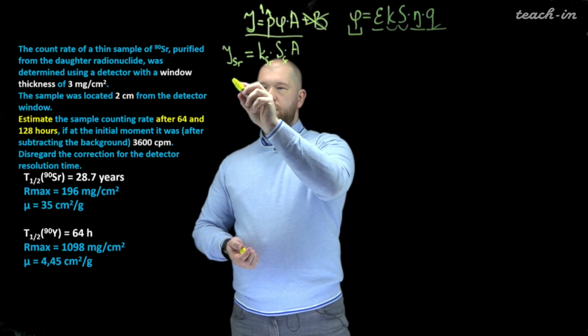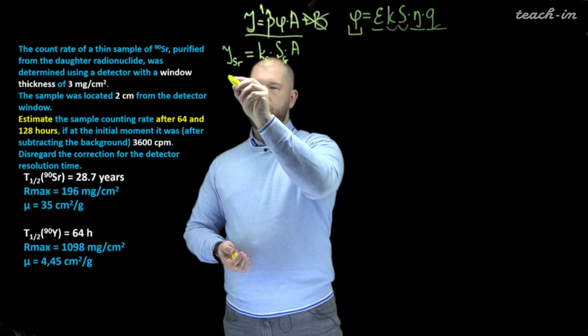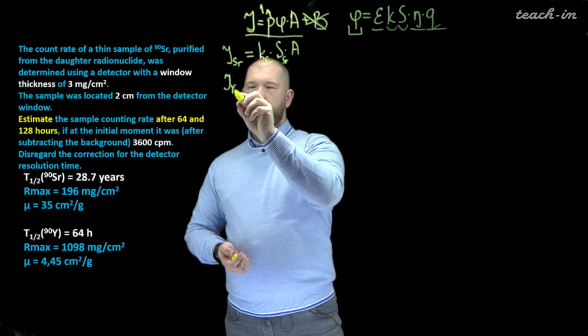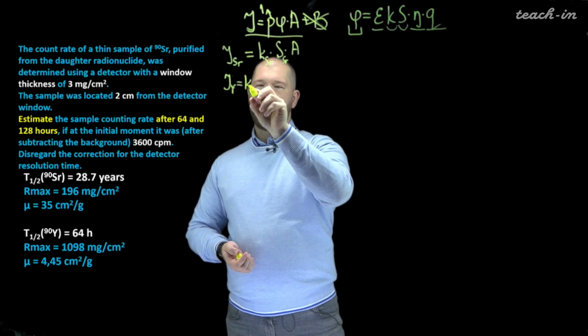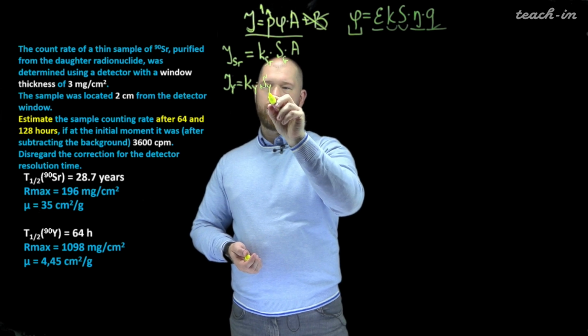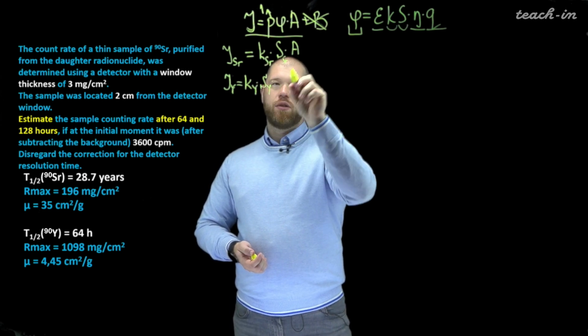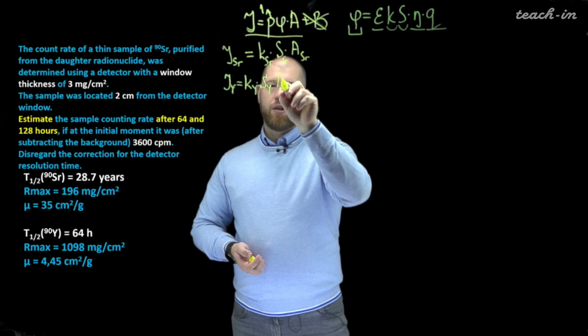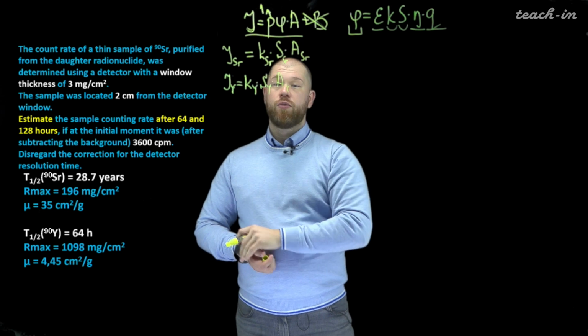And for yttrium, the equation will be the same, but only the coefficients will be different. But here is the activity of strontium, and here will be the activity of yttrium.